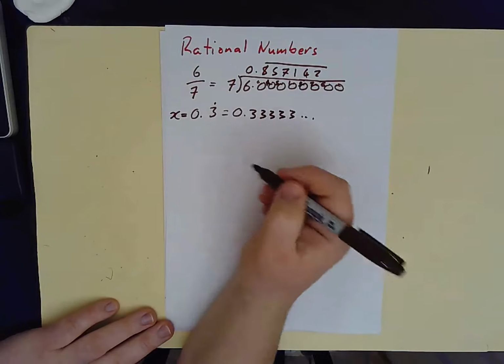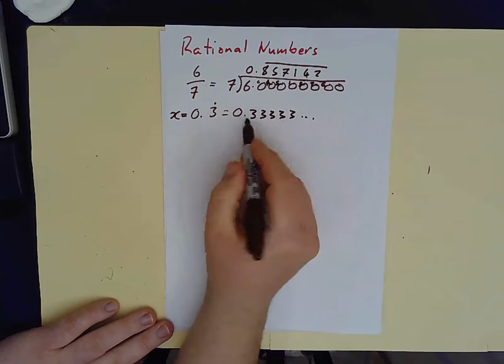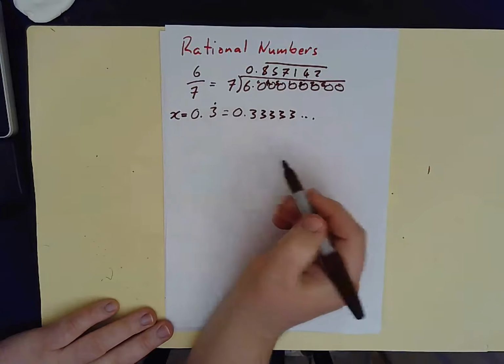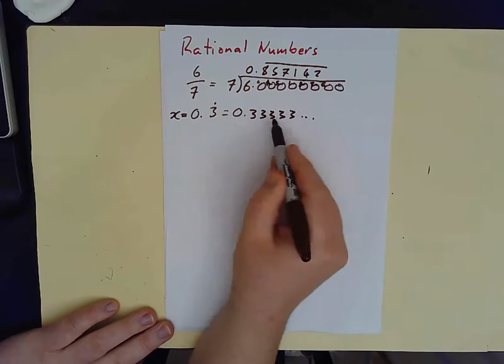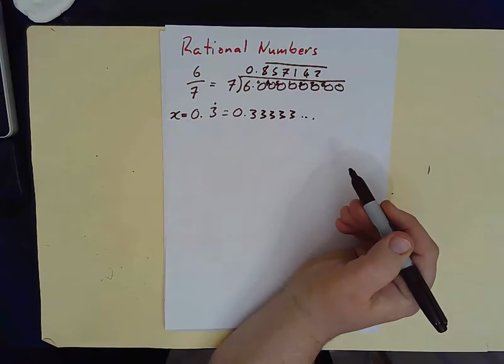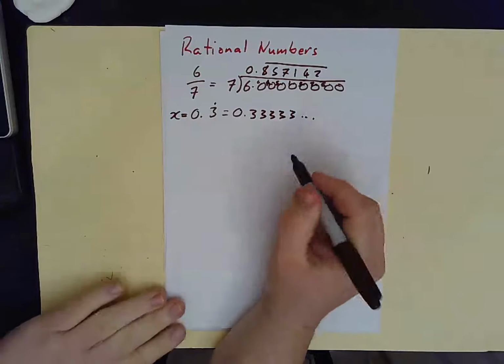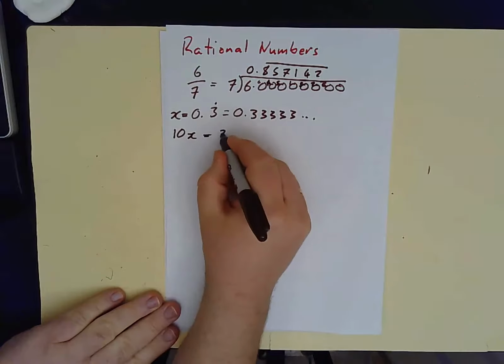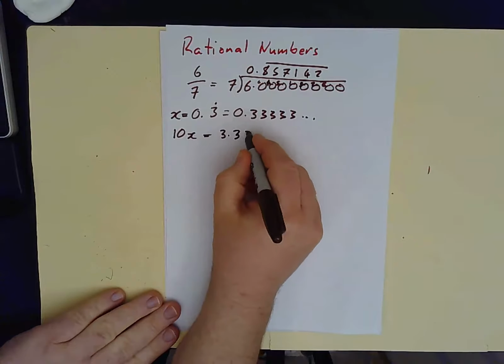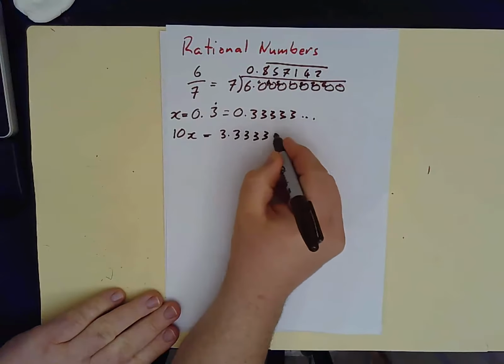We're going to find out what x is. So now what I want to do is come up with another decimal expansion so that when I subtract these, I delete the decimals in this line. So if I think about 10 lots of x, that's going to be 3.3333 dot dot dot.